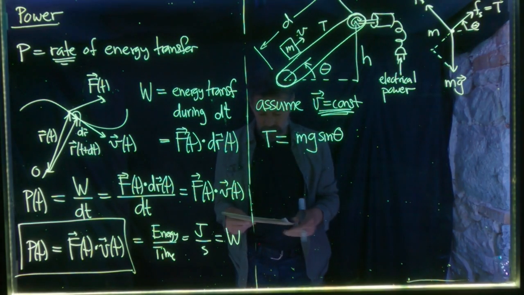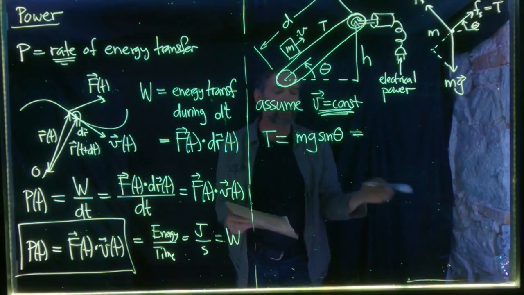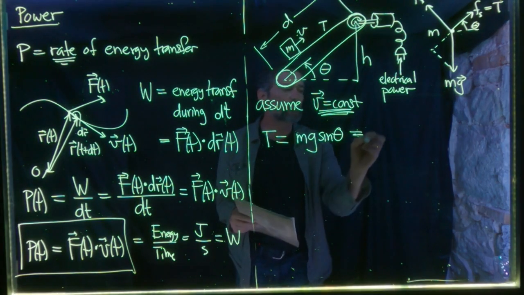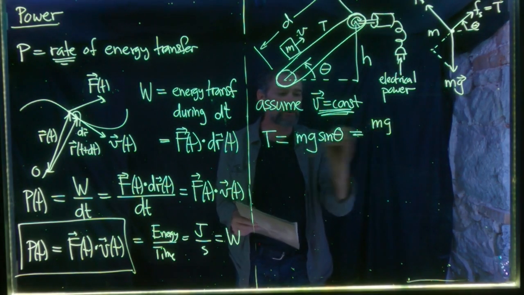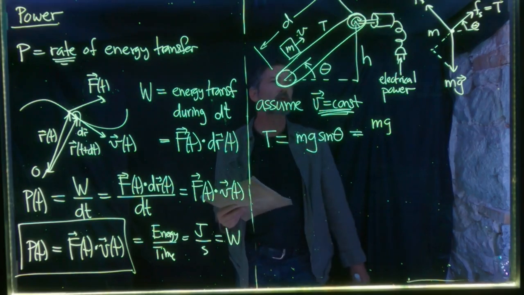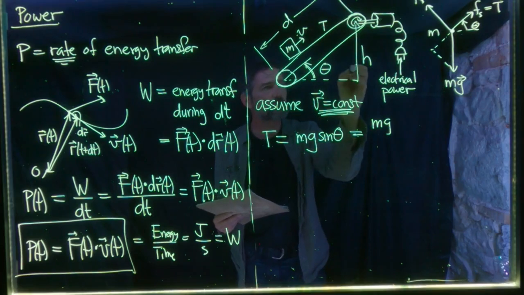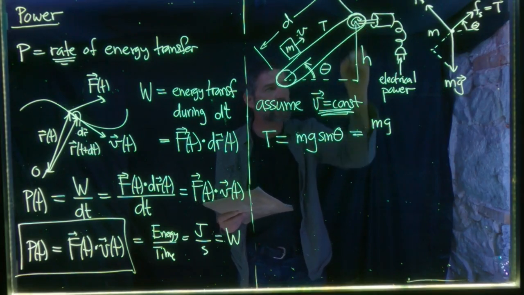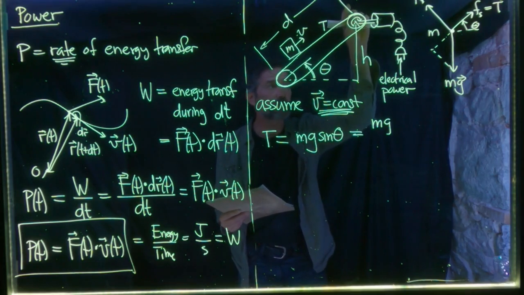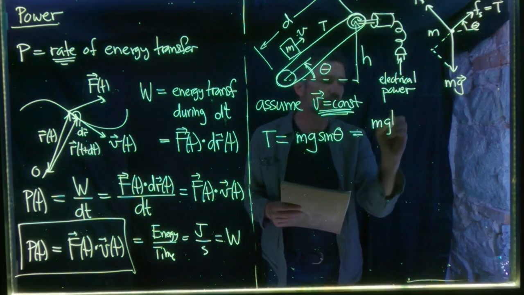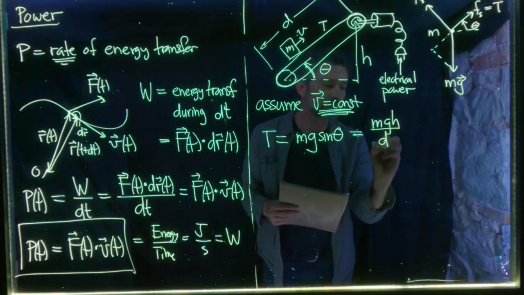That seems right. I just want to point out a couple of things here. So this is mg, and then what is sine theta? Well, sine is opposite over hypotenuse. That's h, the height you want to raise this block through, divided by the hypotenuse d. So it's h divided by d.